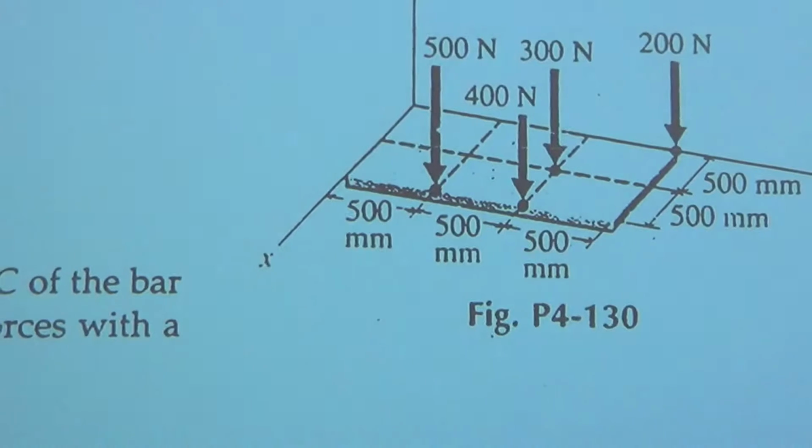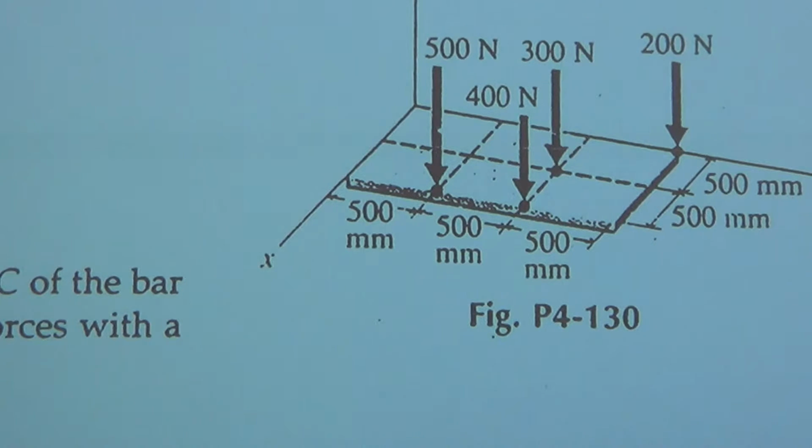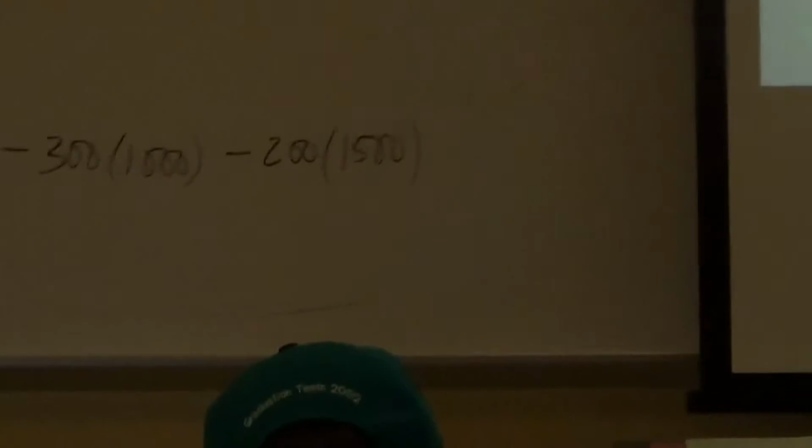Positive, negative? Negative. 300 times the total distance, 1,000. Positive or negative? Negative. 200 times 1,500. Positive or negative? Negative. What does it come out to be?